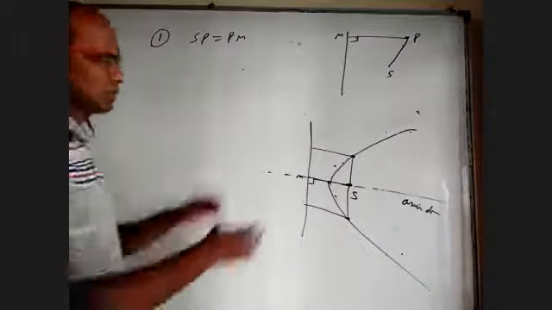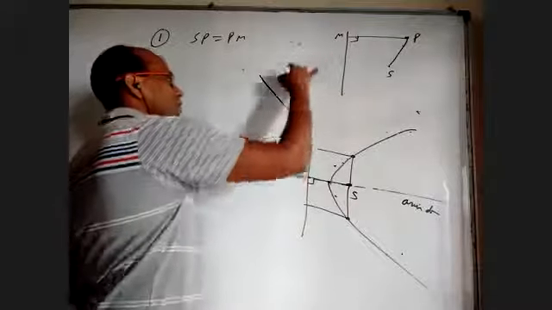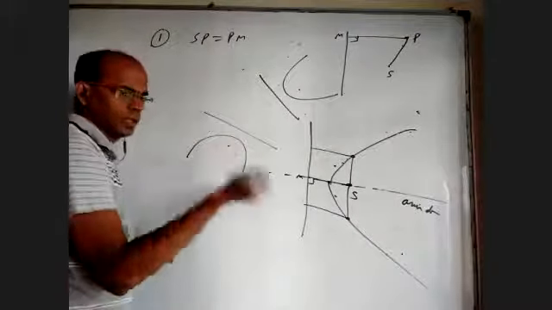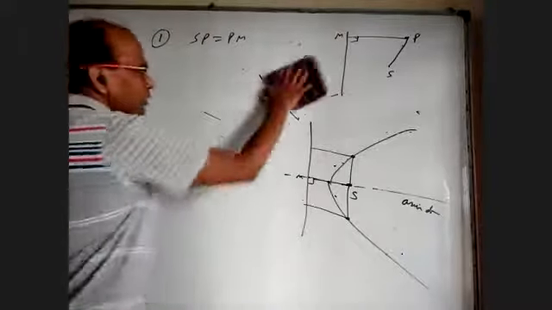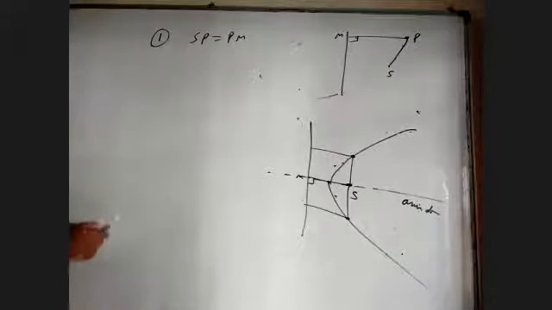These are general terminology and identifying some points. But this need not be like this, it can be rotated. If the focus is here and the directrix is here, the parabola will be like this. If the directrix is here and the focus is here, the parabola will be like this. Depending on the directrix orientation, the parabola orientation will change. Whenever they give the focus and directrix, it is very easy.